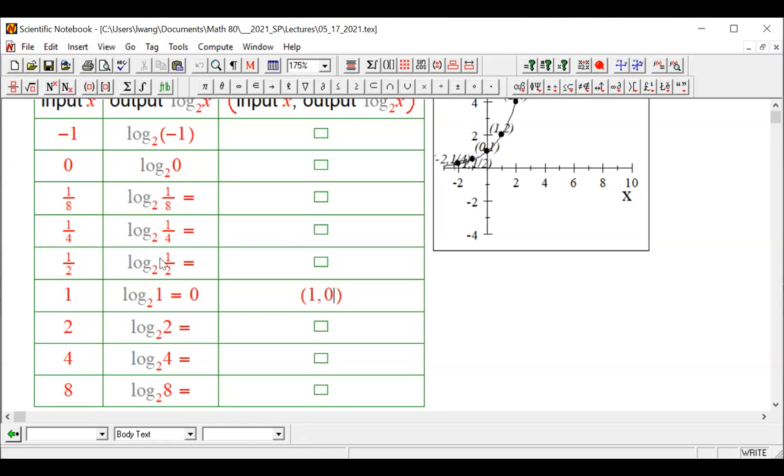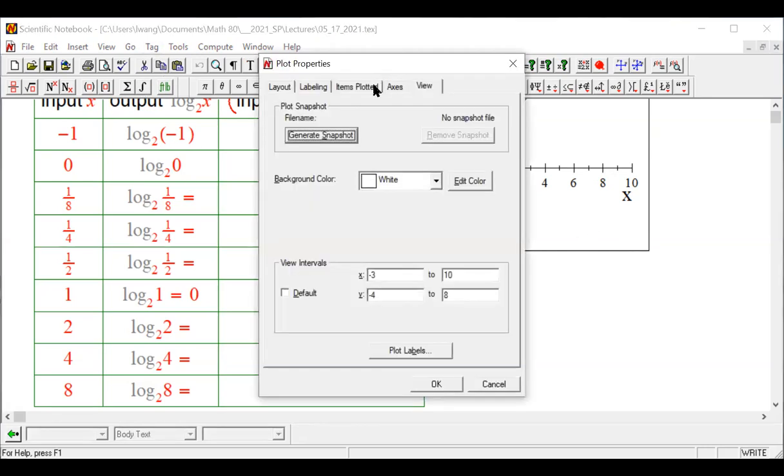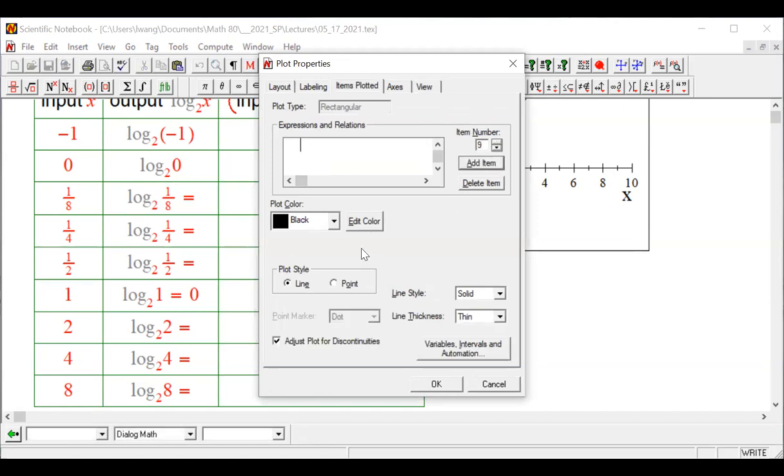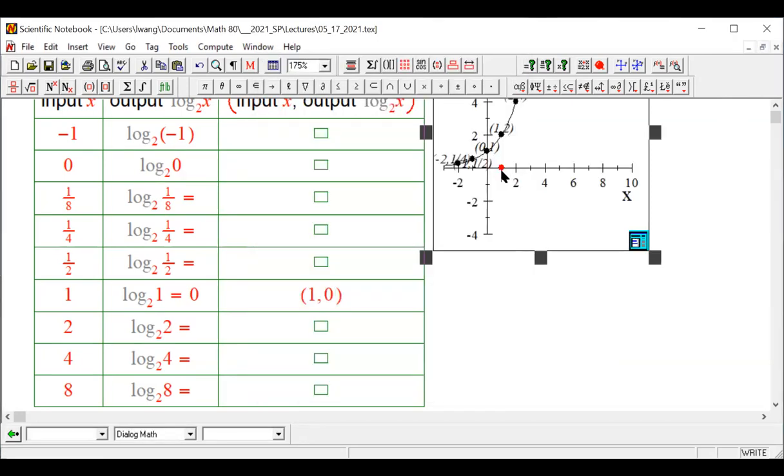Okay, so we're going to put that point on the graph. I'm going to put it as a red dot. 1, 0. Okay, and as we're getting more points, I'm going to put them on the graph. So what number would that be?